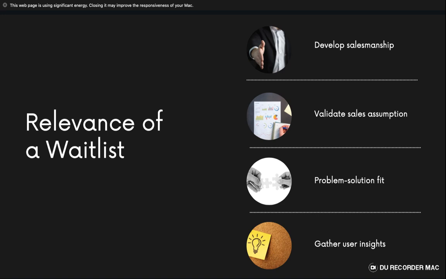This is what constitutes a good letter of intent or a good wait list, right? So that way you have something bankable. These guys love my product and they're okay with the pricing. They're just waiting for it to be available, and when speaking with an investor, it really validates the sales assumptions you might have. So this is one way it helps. A wait list helps to validate sales assumptions.